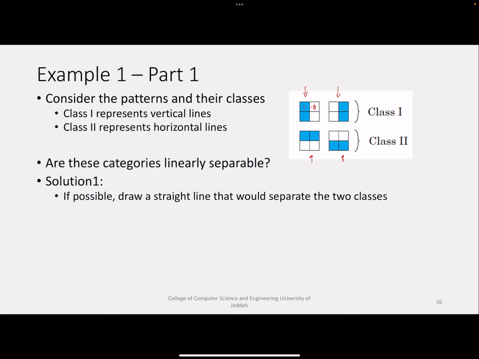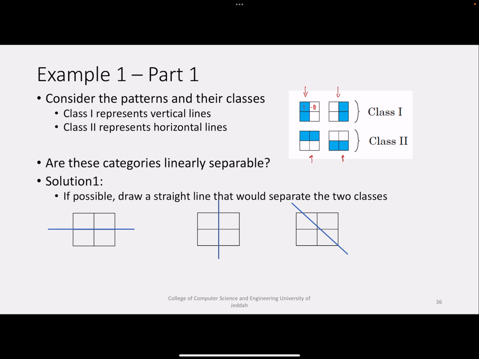And the first question before us is, are these categories linearly separable? It seems that the answer is no. If they're not linearly separable, then how do we move forward?